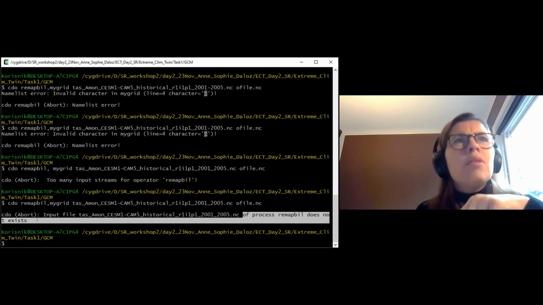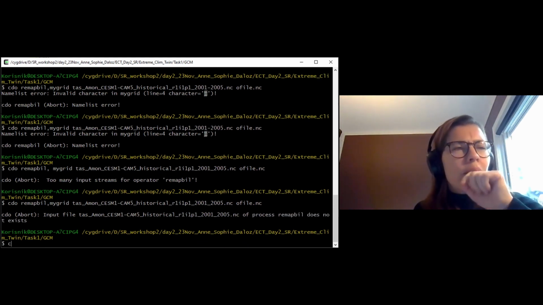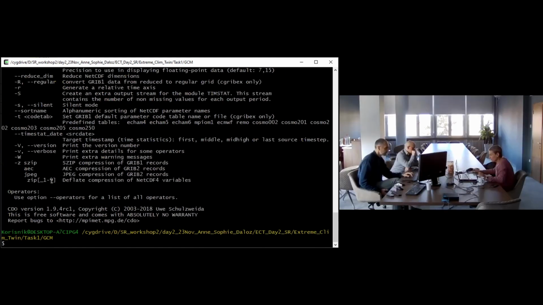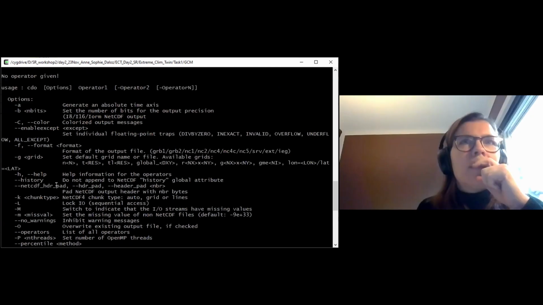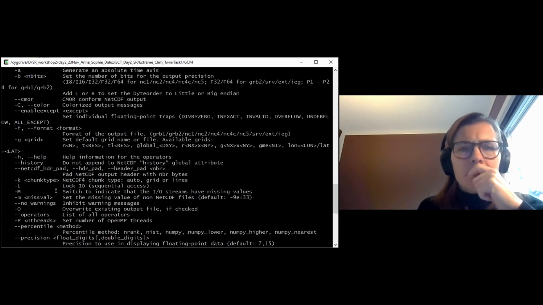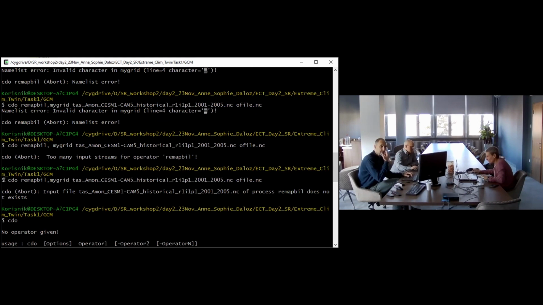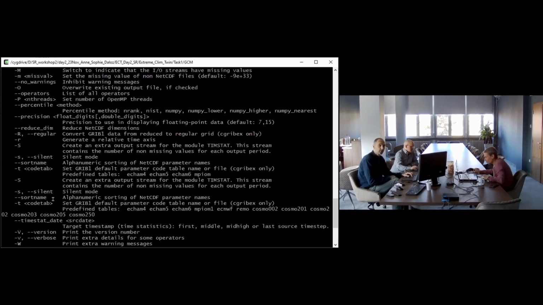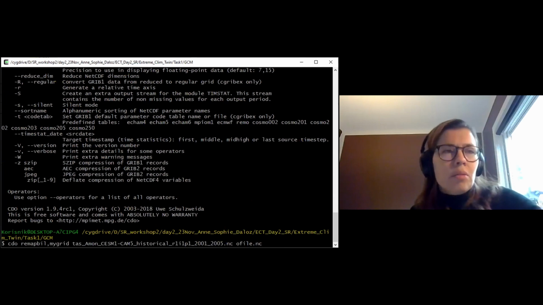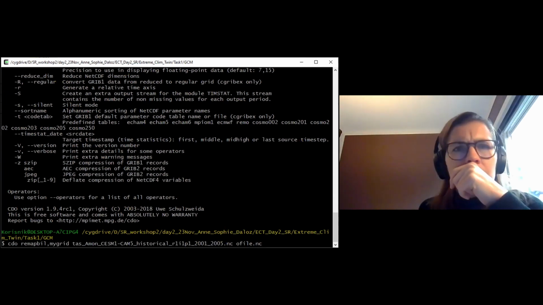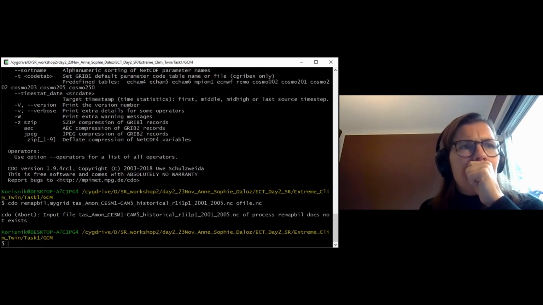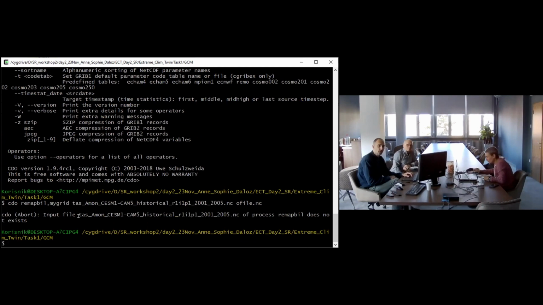Is CDO working? Can you just write cdo in your terminal? It's working. Okay, good. I'm just checking in case. I thought that maybe I forgot to put cdo, but it's not that. Okay, and can you do ls, so that I see that the file is there? Maybe I can try with another file.